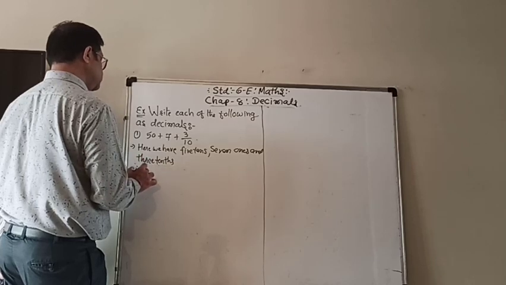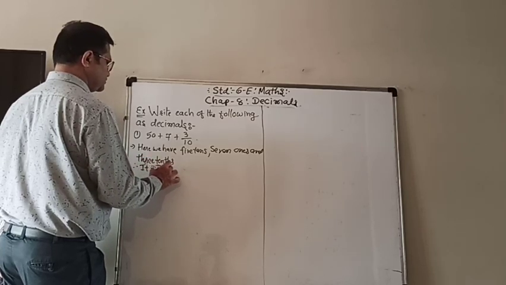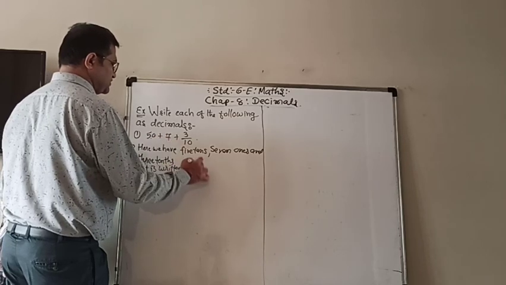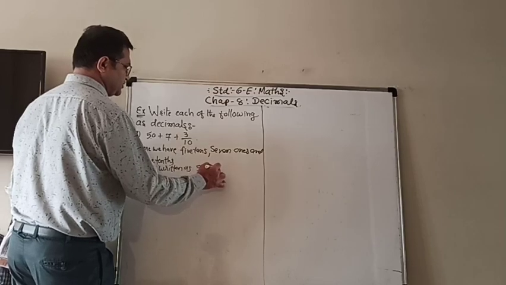Therefore, it is written as 50 plus 7 is 57, 57.3.